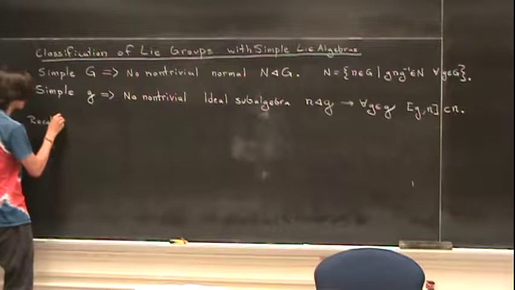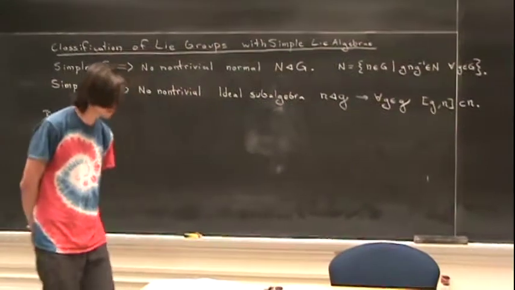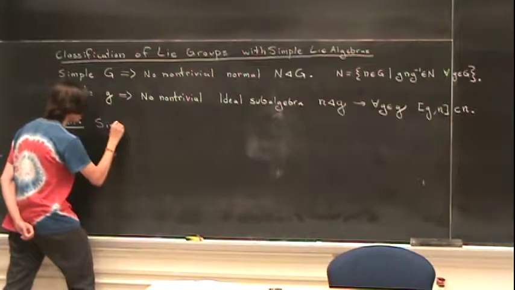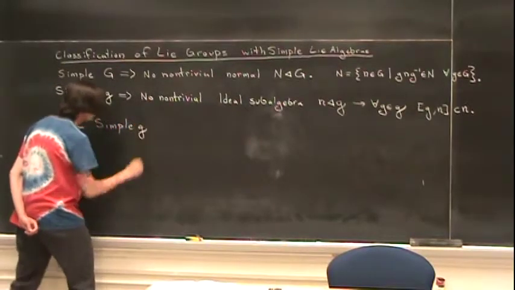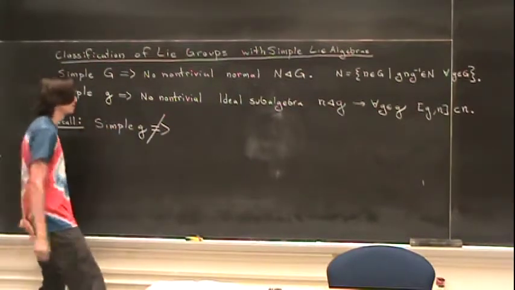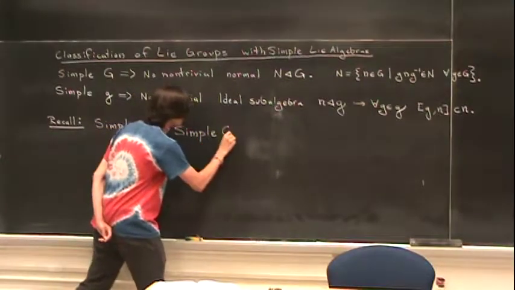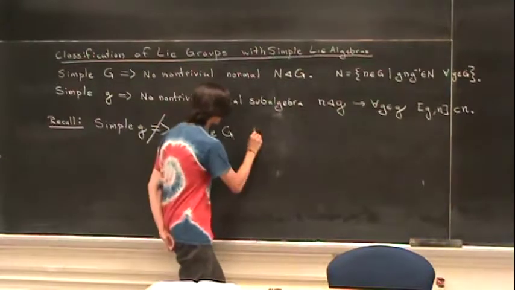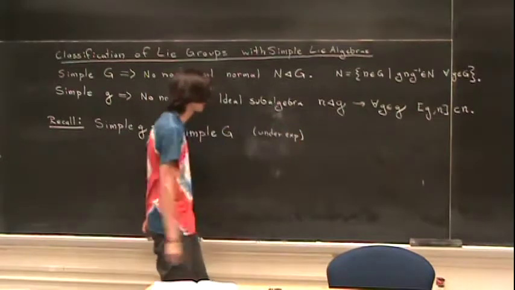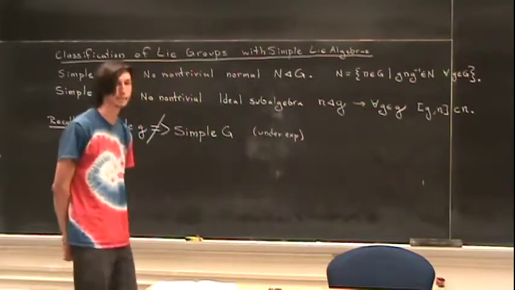The statement that we sort of ended with last time was that if we have a simple Lie algebra, this does not necessarily imply that we're going to get a simple Lie group under the exponential map, under exp. And remember, we had a very simple example of this.